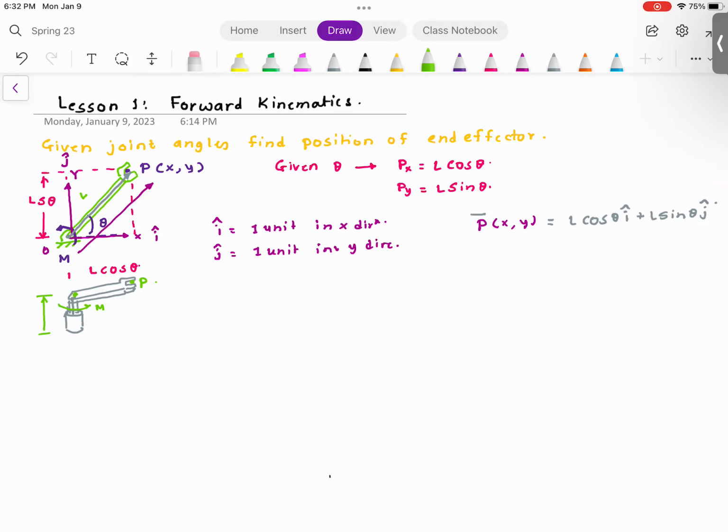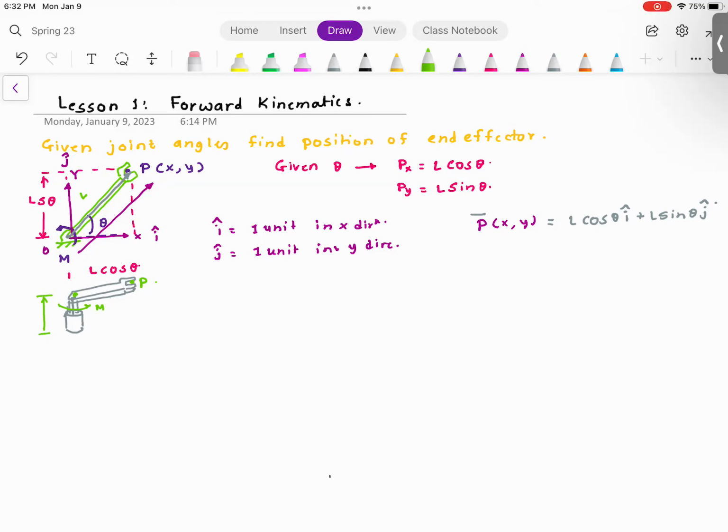And when I have a combination of i and j, it tells me that to get to that destination, I need to travel L cosine theta units in x direction, or L cosine theta i, and then I have to travel L sine theta units in the j direction.